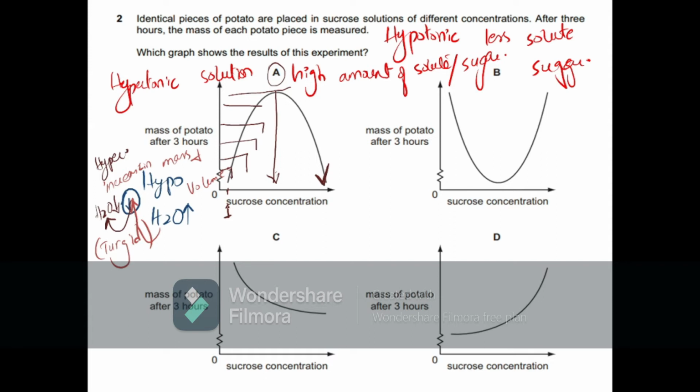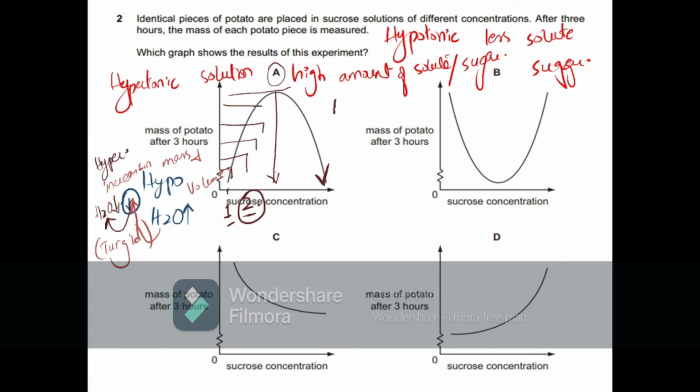You can observe here at the sucrose concentration 1 and the sucrose concentration 2. Which one is the hypertonic? Obviously this 2 is the hypertonic. So in this 2, more water should move outside. So in this case, mass of potato will decrease, not increase.